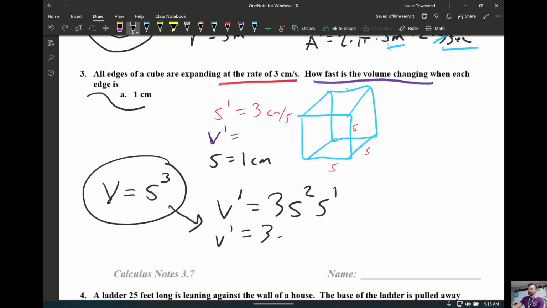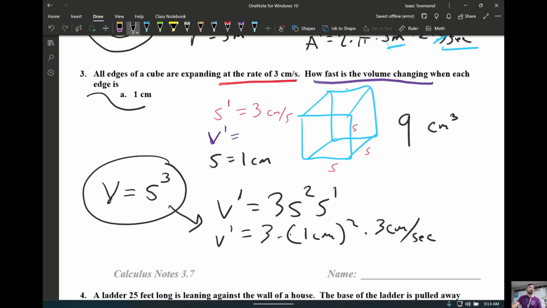They told me S is 1 centimeter, and they told me S prime is 3 centimeters per second. Notice I'm writing my units down here. So in the end, 3 times 1 squared times 3 would be 9. Centimeters times centimeters times centimeters would be centimeters cubed, which makes sense.